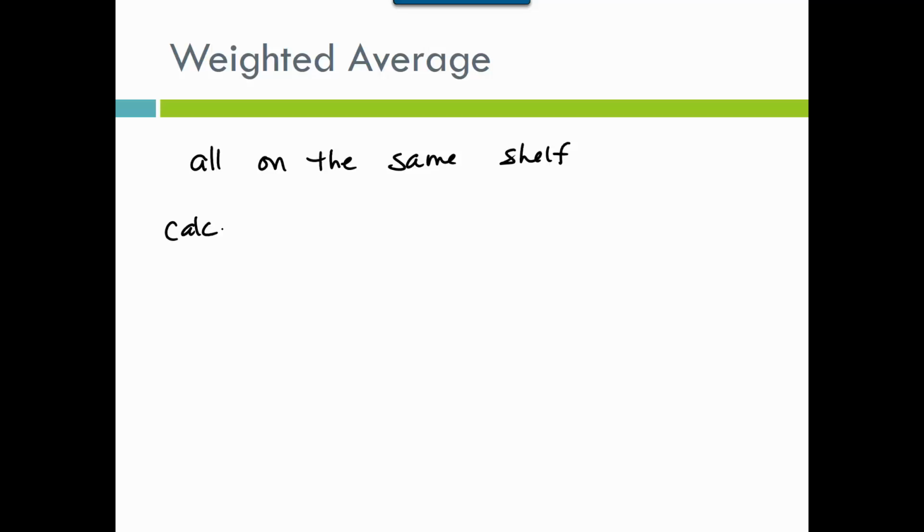They're all just coming from one group. But I have to calculate a new average cost per unit each time I make a purchase. So after every purchase, I will recalculate this average cost per unit.